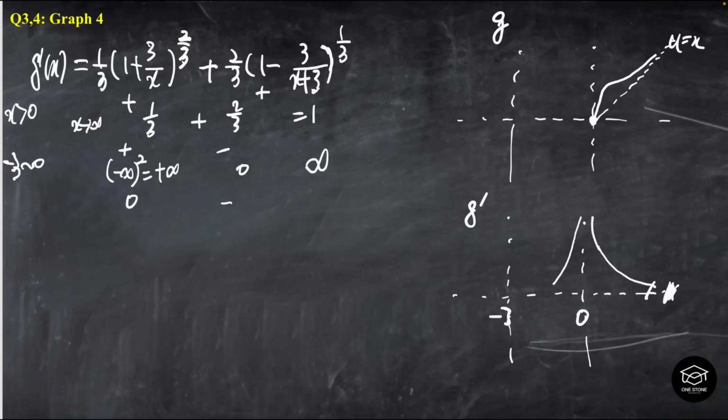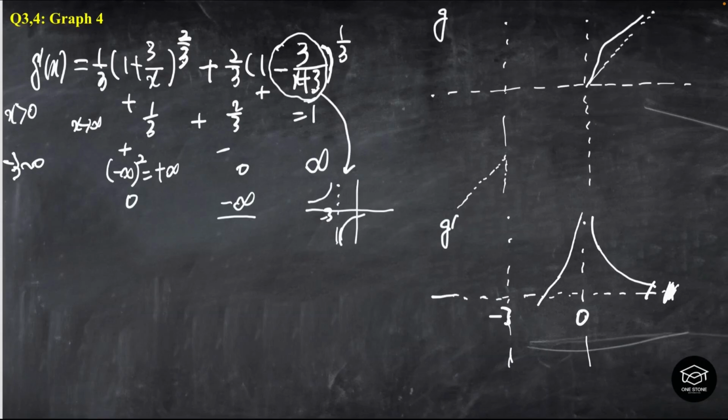It goes to negative infinity. So overall, the derivative goes to negative infinity near x equals -3 from the right. This means the graph of g has a very steep negative slope there and behaves as if x equals -3 were a vertical tangent, even though the function value itself stays finite.